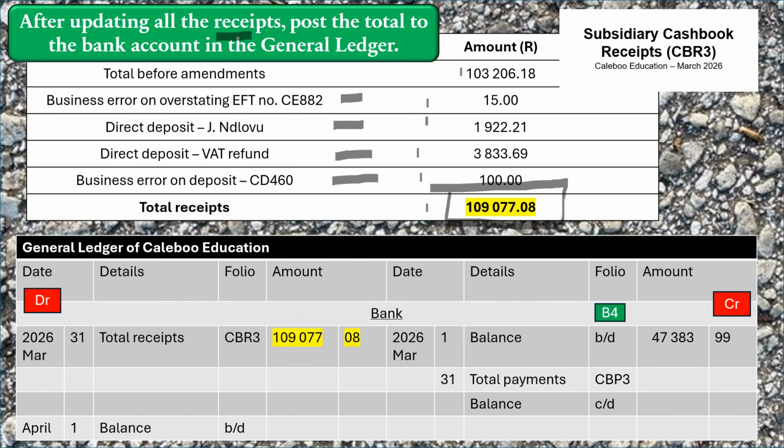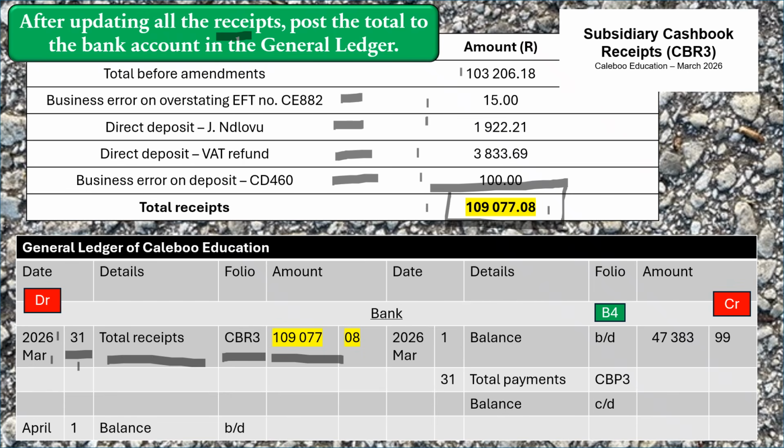We add up our receipts and it's 109,077. Cash, increase in cash, increase in our bank balance. Total receipts get debited at the end of the month, right year, month, day. Total receipts, where did we get that information from?